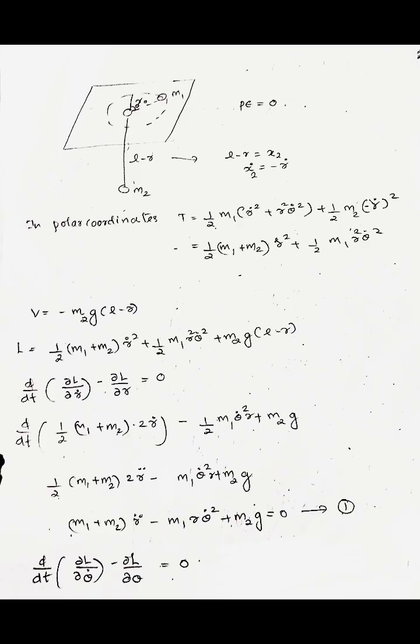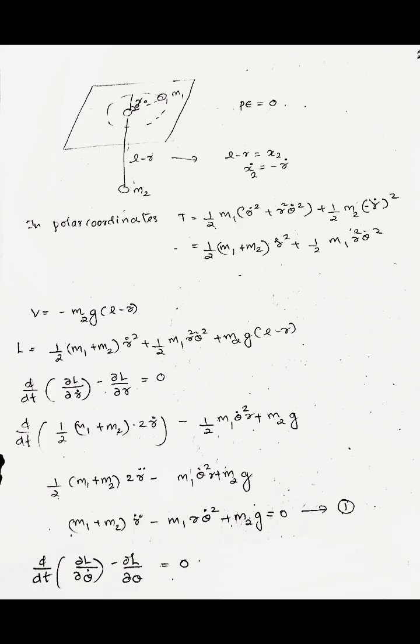Here potential energy is negative because m2 is below the reference frame. So the reference is taken as potential energy 0, and below that reference the potential is negative, so that V is equal to minus m2g into L minus r.